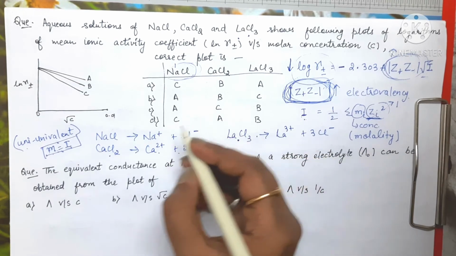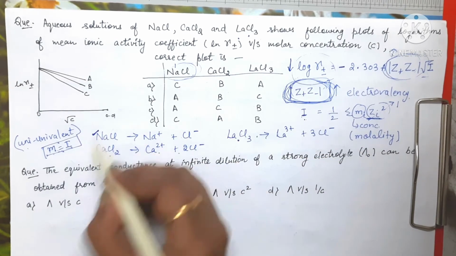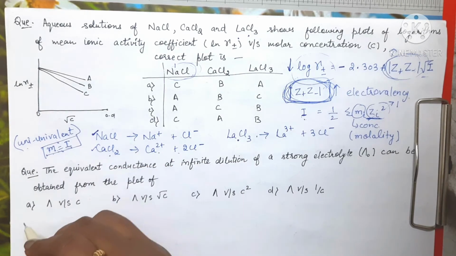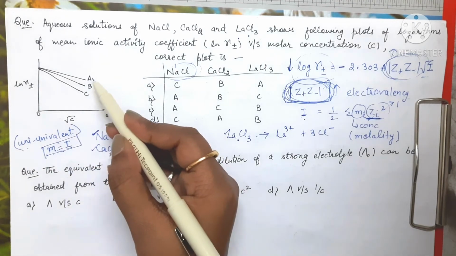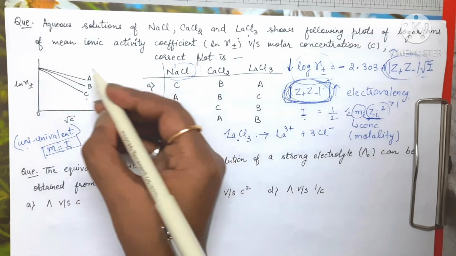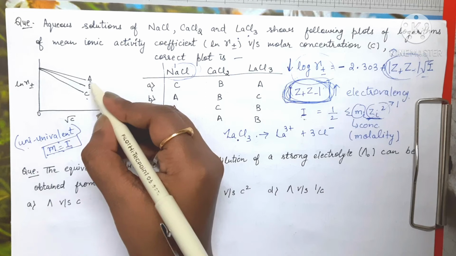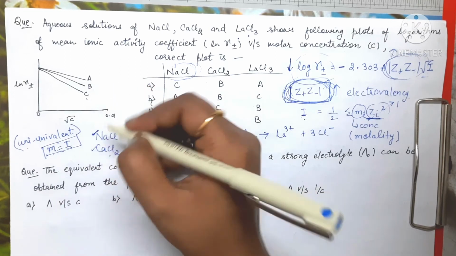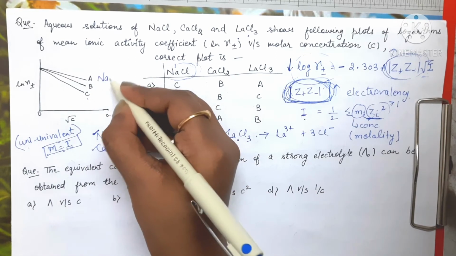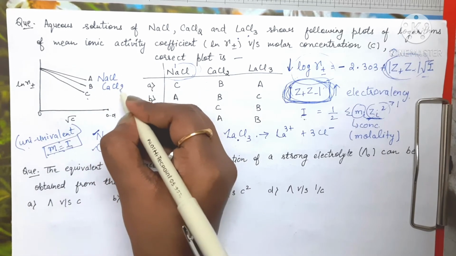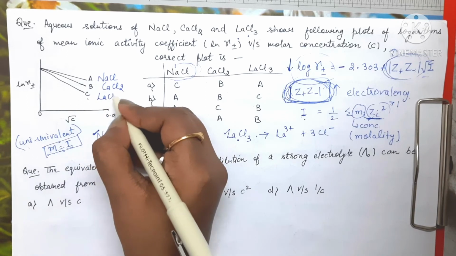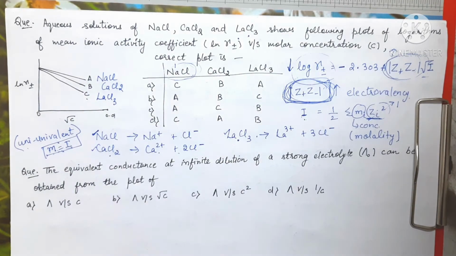That means NaCl will have the highest slope, followed by CaCl2 and LaCl3. If I look at these three plots, plot A has the highest slope, so definitely it corresponds to the plot of NaCl. B will be CaCl2 and C will be LaCl3.